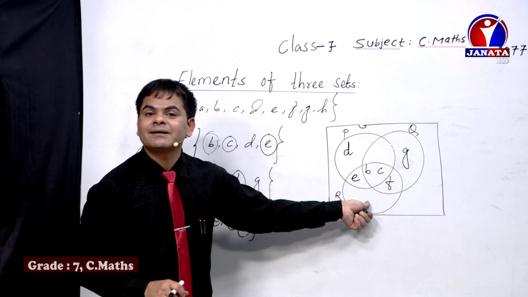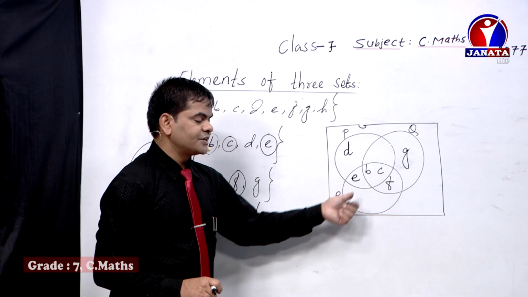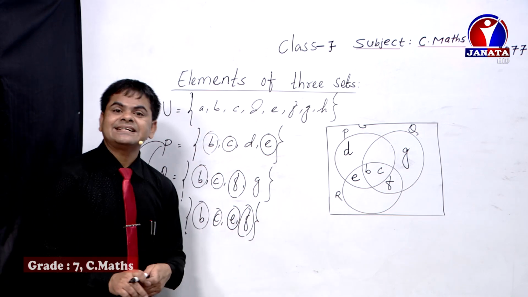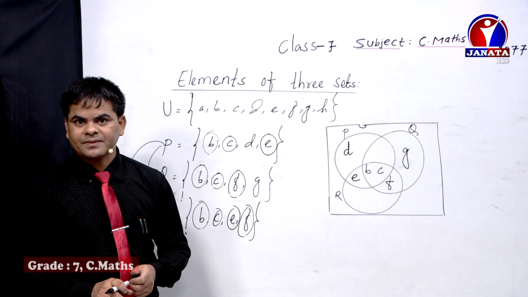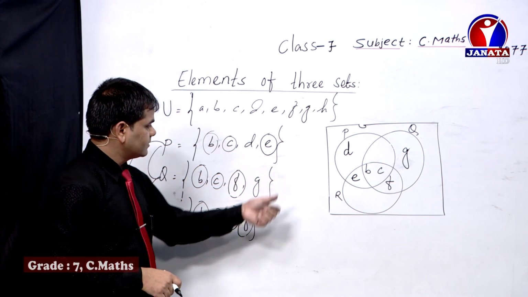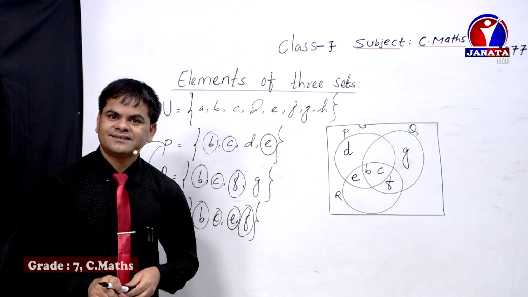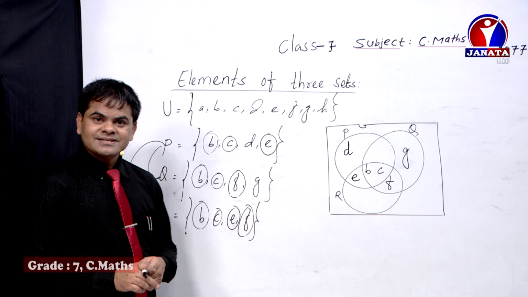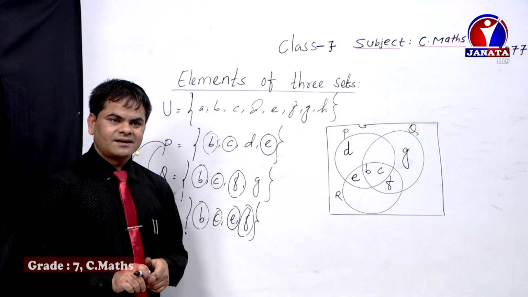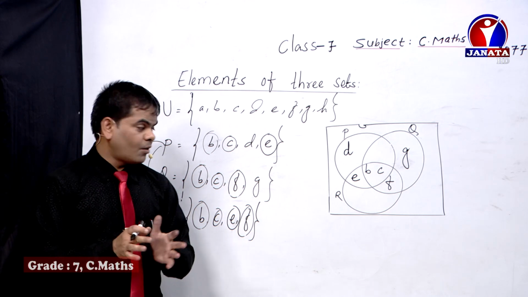That means this area remains blank, because there is no extra element which is present in only R set. If there is, then we need to take that element and keep it in that R set only.